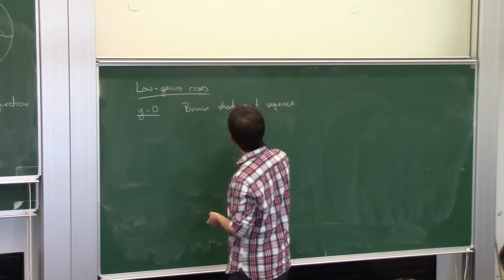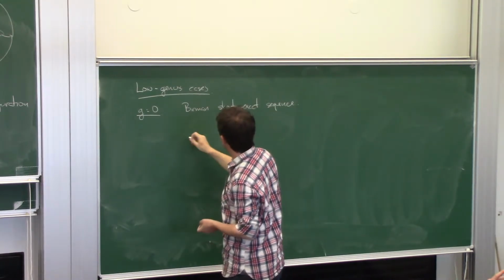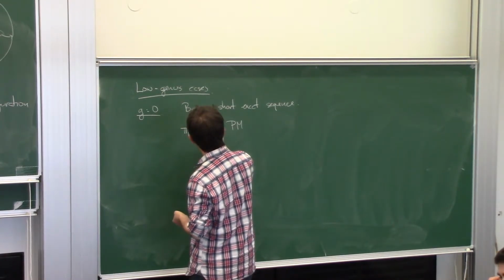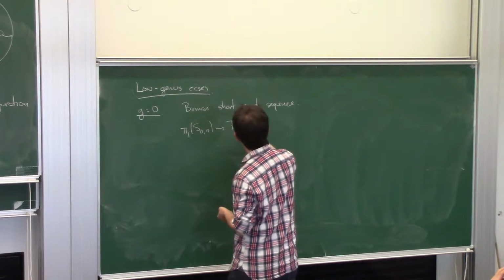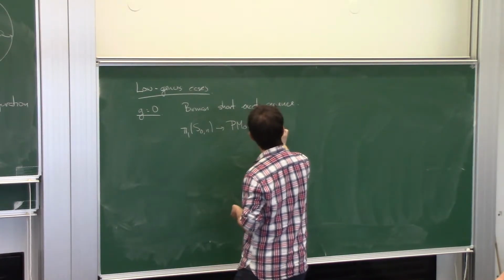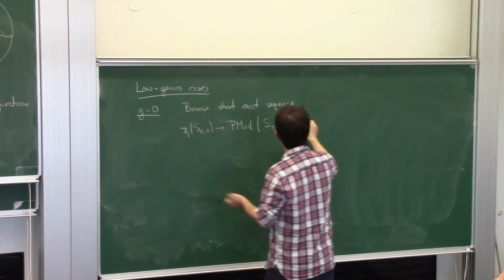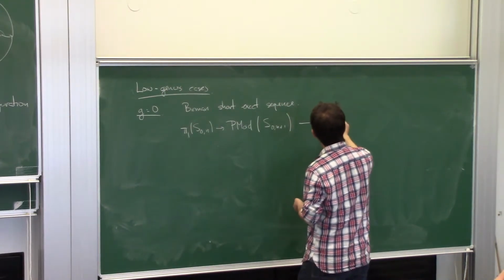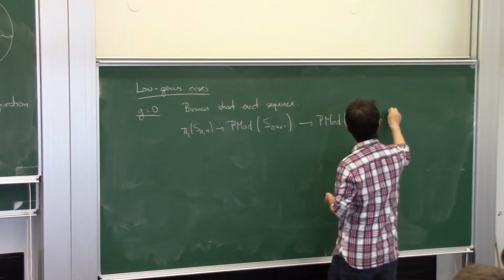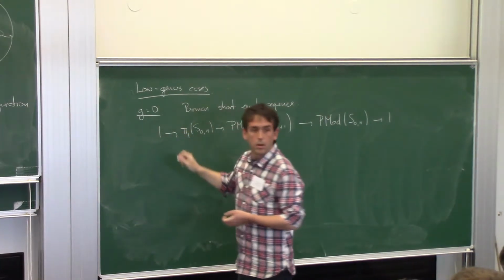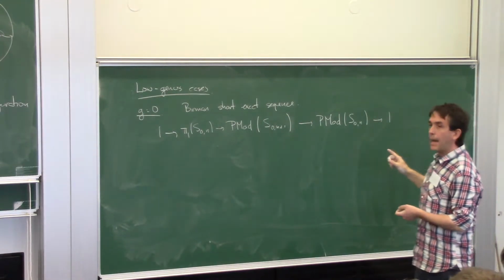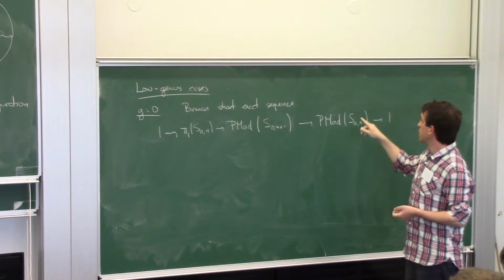So in this case, it's valid for all genera. When n equals 3, this group is trivial.